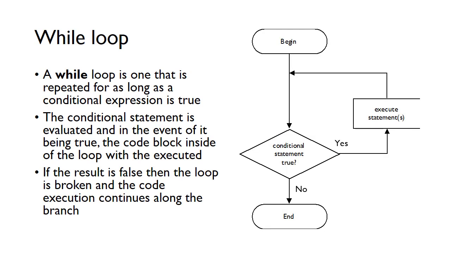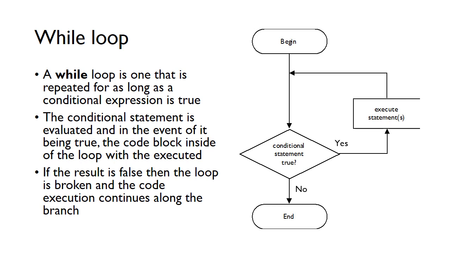So the first loop we'll look at is called a while loop. And as you can probably guess from the name, a while loop is one that is repeated for as long as a conditional expression is true. So while that expression is true, the loop will just keep being repeated.